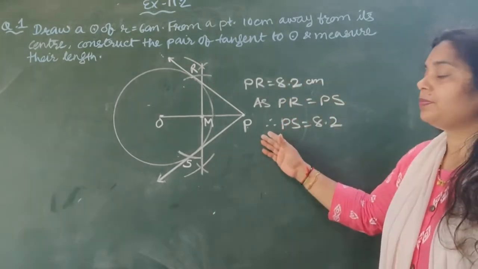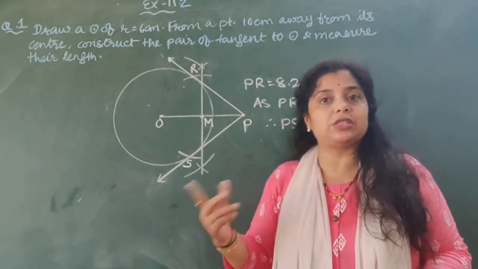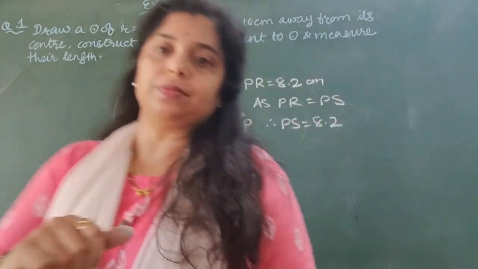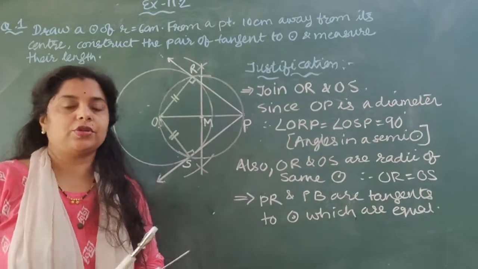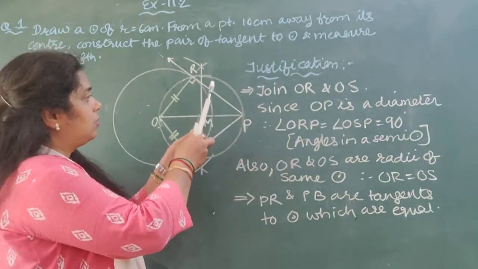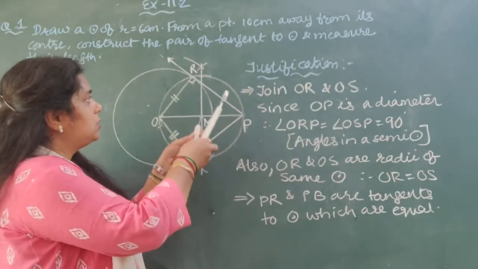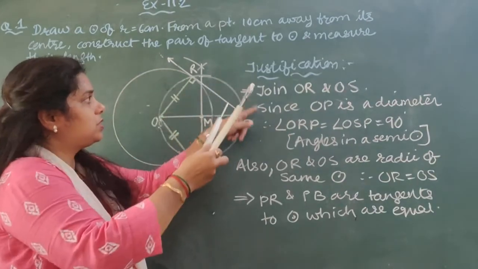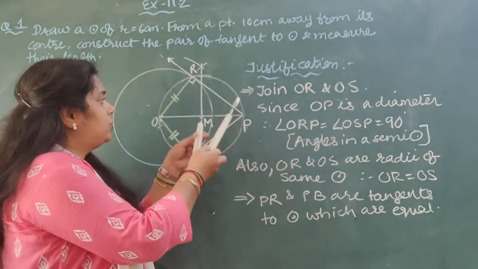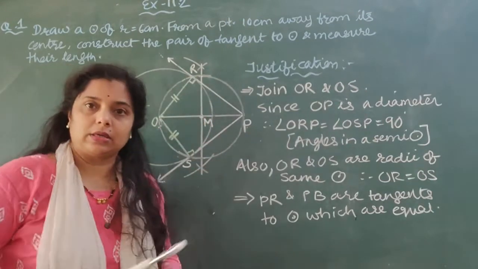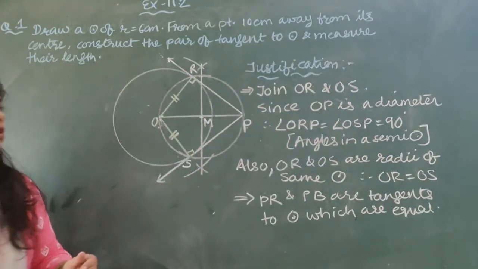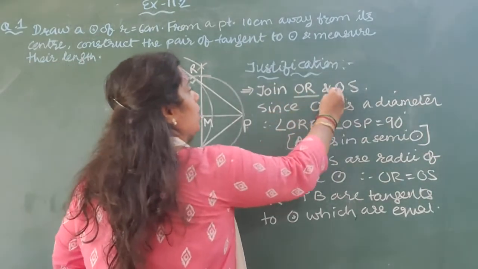Now, next, we are going to see the justification of this construction. For justification, earlier I just made an arc, but to make you understand, I draw a whole second circle. So what is the justification? First of all, join OR and OS.